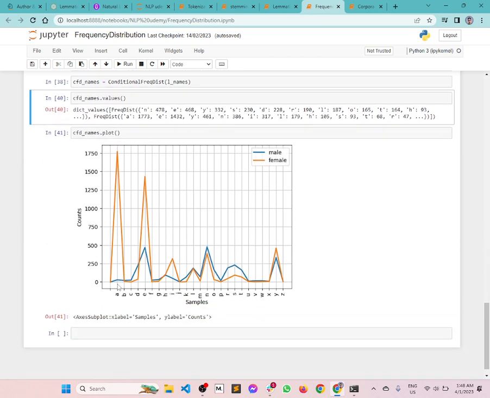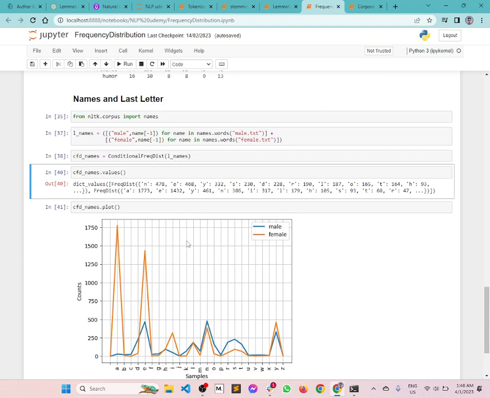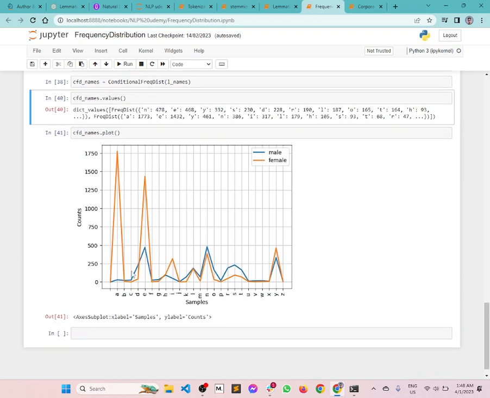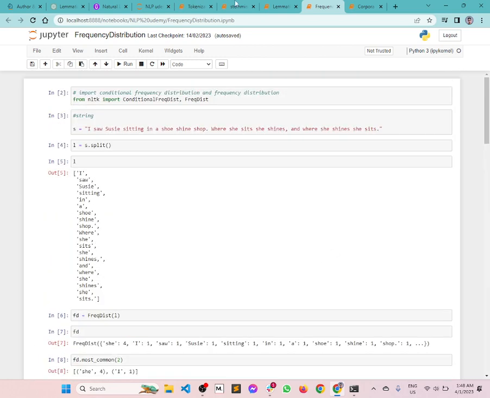If we figure it out for male and female individually, we see that the female ratio is higher for this particular corpus. And this is the actual figure of the male and female distribution. Yeah, this is the whole idea of the frequency distribution.